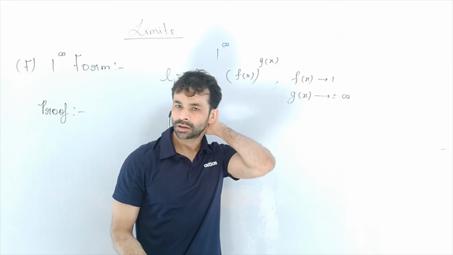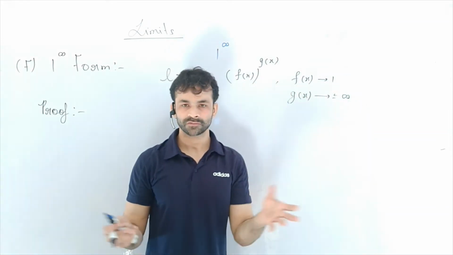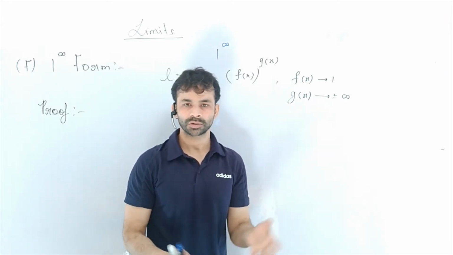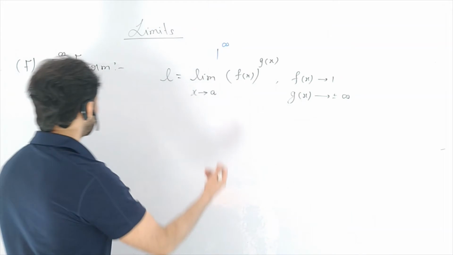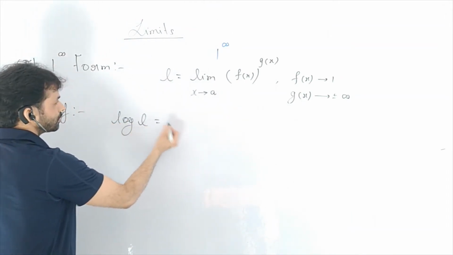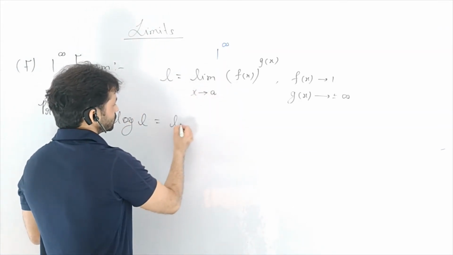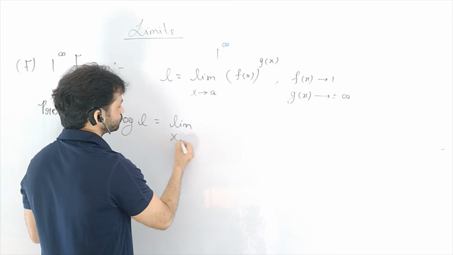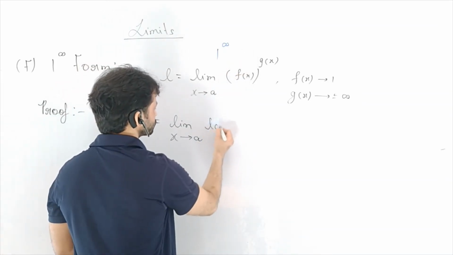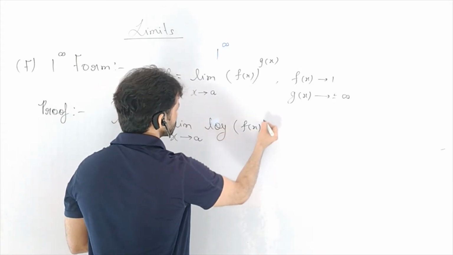So when the limit is also in the exponent, in the power, okay, you have some function. To remove the power, you can take log, right? So I am taking log. So log L is equal to limit of log of this thing, fx to the power of gx.